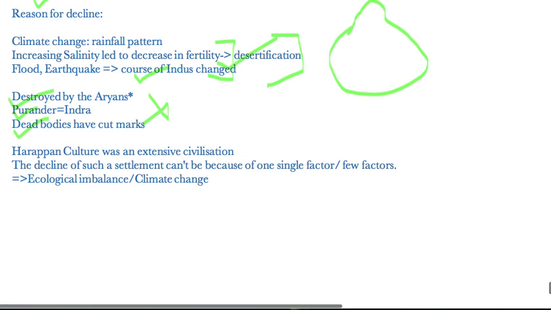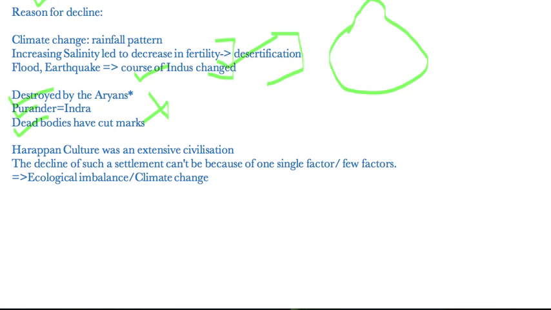What is that theory? Harappan culture was an extensive civilization. The decline of such a settlement cannot be because of one single factor or a few factors. So what basically led to the decline? The most logical reason for it is ecological imbalance and climate change. As we discussed in our agricultural revolution or Neolithic revolution, agriculture was very important to generate surplus, and that surplus led to people having specialization, and that led to the growth of civilization.